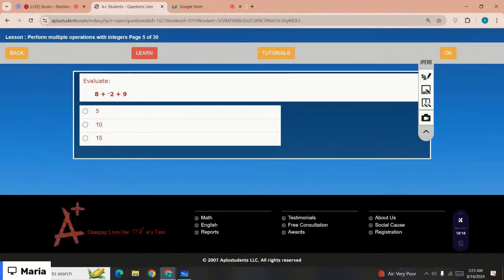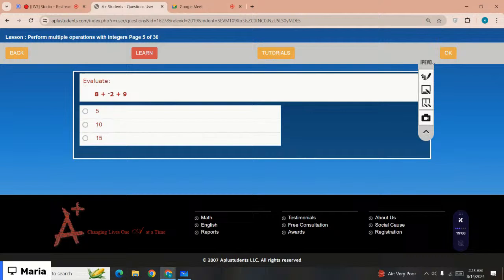The next one is 8 plus negative 2 plus 9. So which is the correct option? So that is 8 plus negative 2 plus 9.